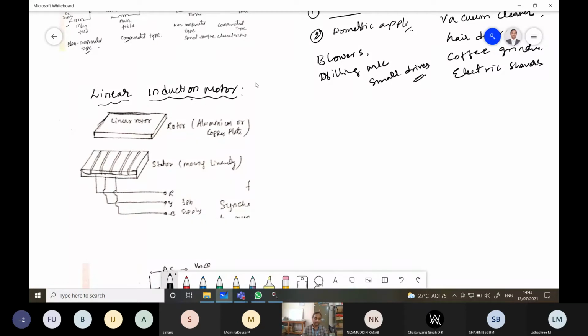In linear induction motor, this is the diagram for linear induction motor. A linear induction motor gives a linear motion. Linear motion is also called translational motion. It means a direct motion.